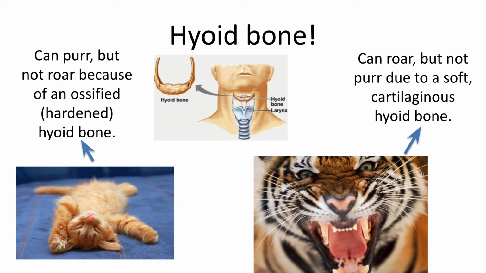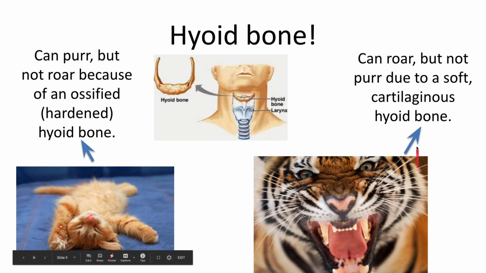Either way, much more interesting story about hyoids has to do with cats and the sheer fact that the difference between a cat's purr and cute meows is because they have a hardened, or ossified, bona fide hyoid bone that sits right there in their throat, and the vibrations of that hardened, ossified hyoid bone do not make a very loud noise because it doesn't vibrate with the frequency that, say, a cartilaginous hyoid bone would vibrate with in order to make not a soft purr, but a very loud roar, such as in a tiger or a lion.